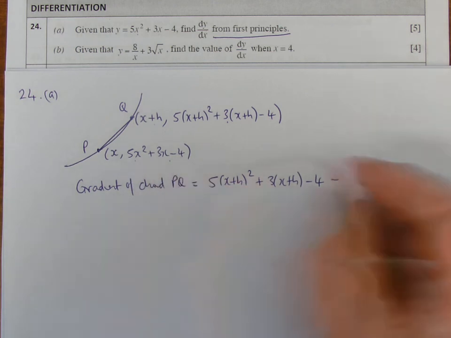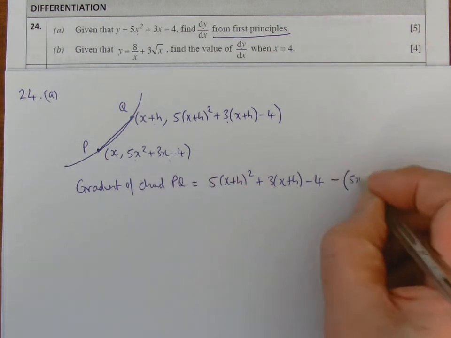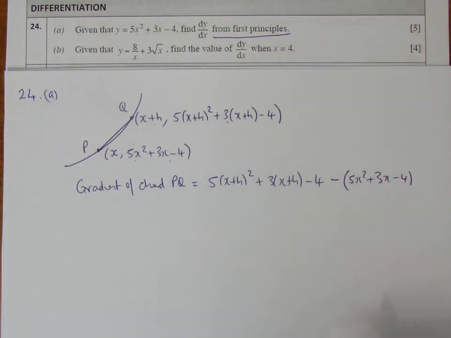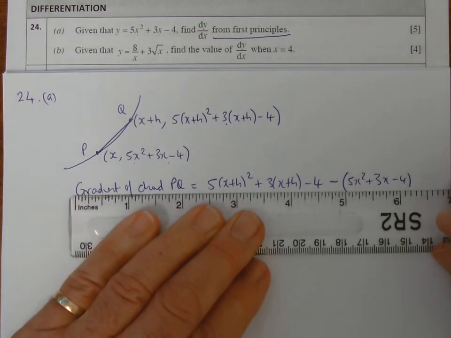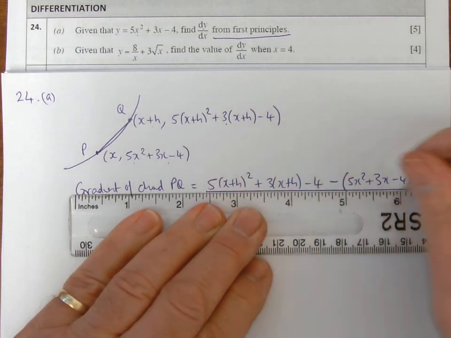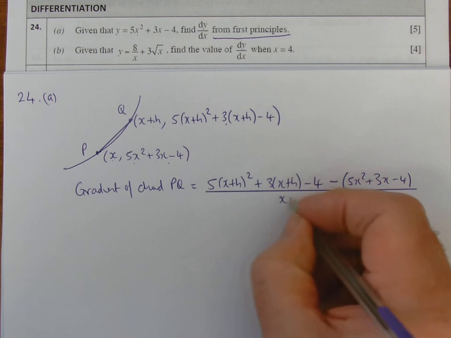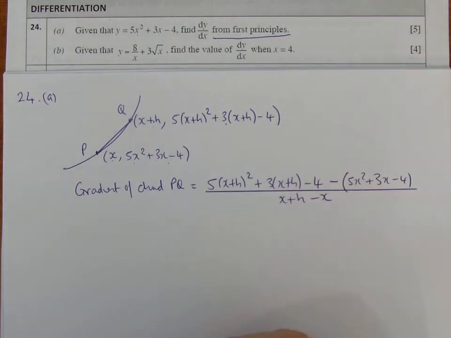Now, because there's more than one term there, we need to use a bracket, so that's 5x squared plus 3x minus 4. And that'll be all over x2 minus x1, which is x plus h minus x.